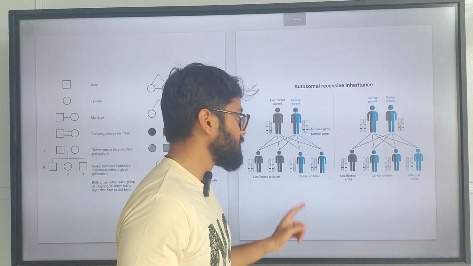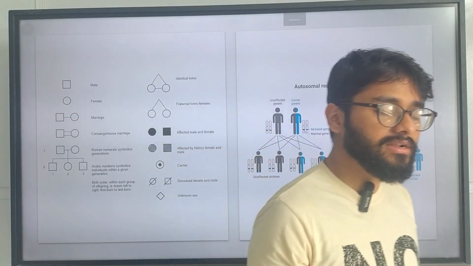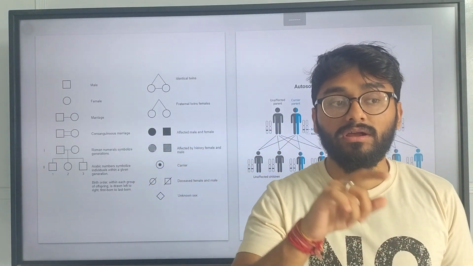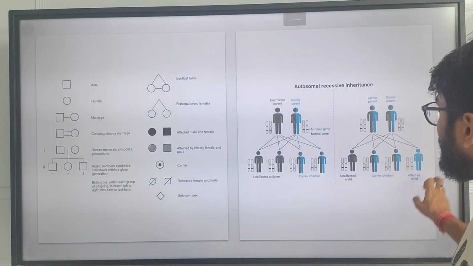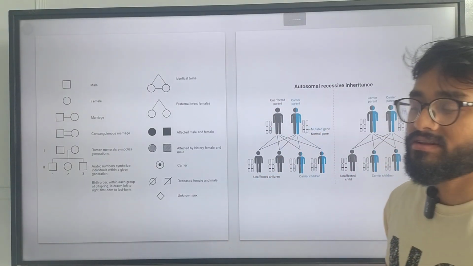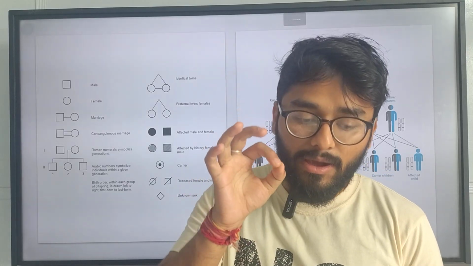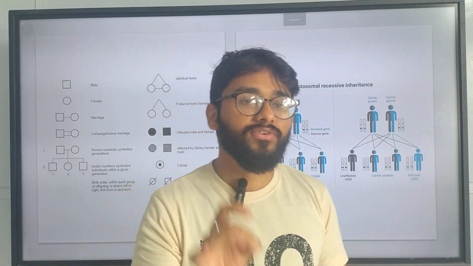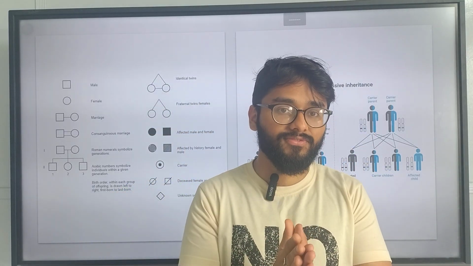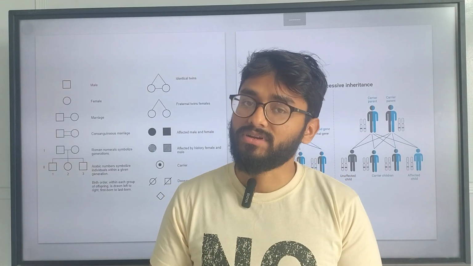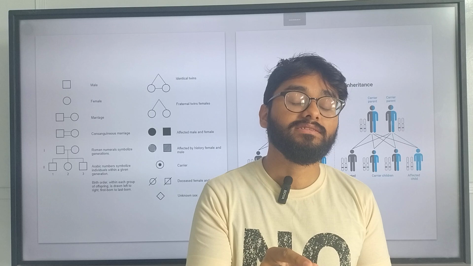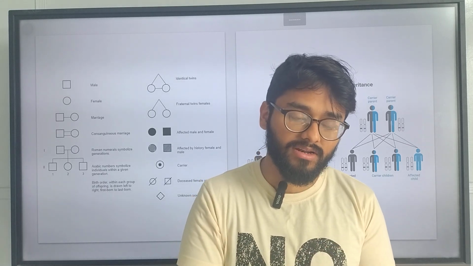But what happens if those two carrier children happen to mate? What is going to happen? You will get an affected child, and this affected child can only possess this particular phenotype of the disease if and only if both of those parents were carriers. And this is a case of a recessive one.